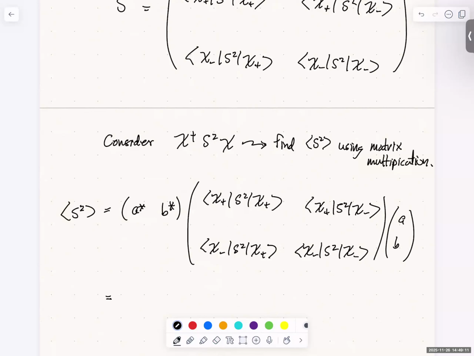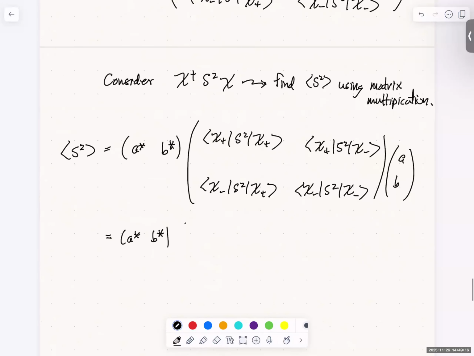So we'll have still our A star, B star, and then let's just grind through it. It's A times this plus B times this. So in our first row, we're going to have A chi plus S squared chi plus, and then, still the same entry, plus B chi plus S squared chi minus.